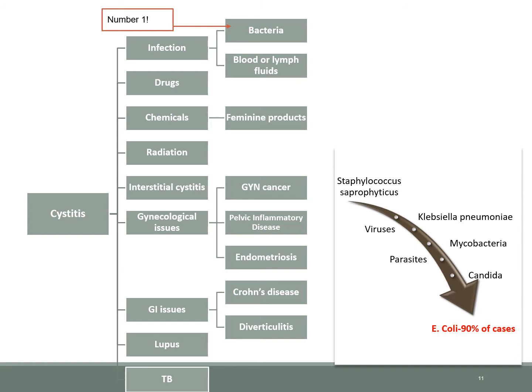Maybe they have a transplanted organ. Maybe they have Crohn's disease or rheumatoid arthritis. A patient could also be on steroids. Maybe they have diabetes. AIDS patients as well have a lowered immune system and are at risk for getting fungal UTIs.